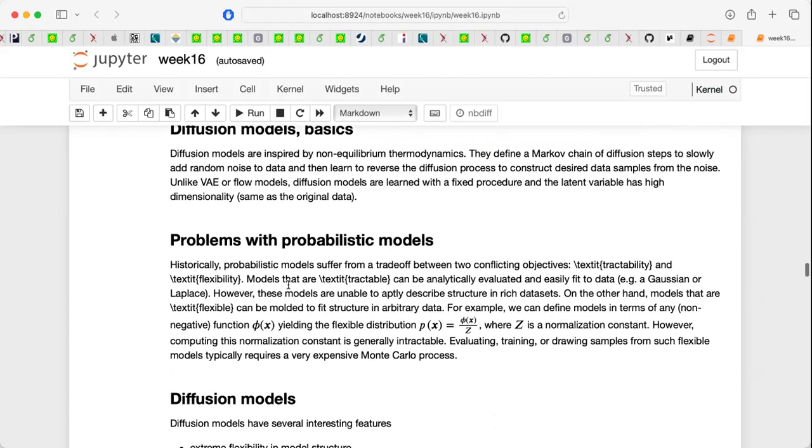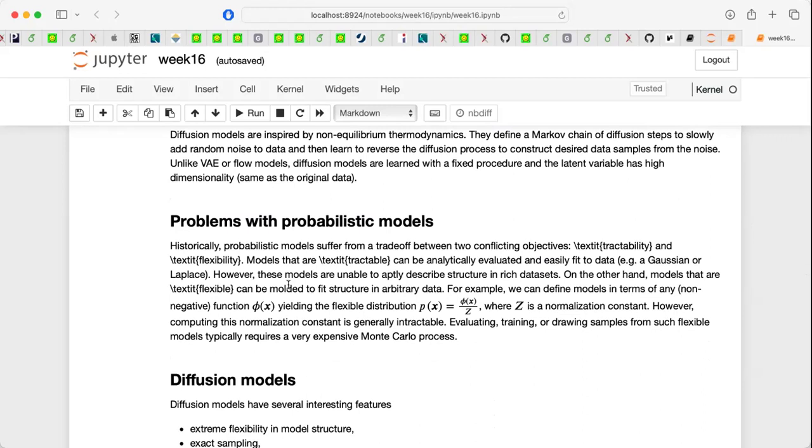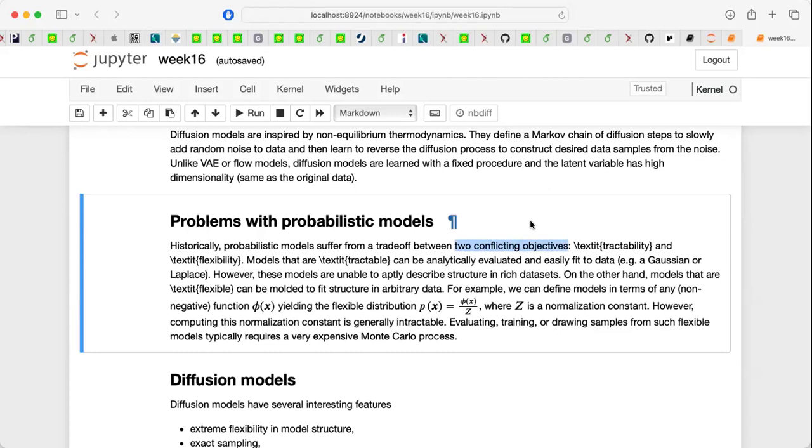And historically, what we have seen when we've been looking at many of these types of generative models, from Boltzmann machines to variational autoencoders, via GANs, and now diffusion models, are two kind of conflicting objectives which we want to strike a balance between.